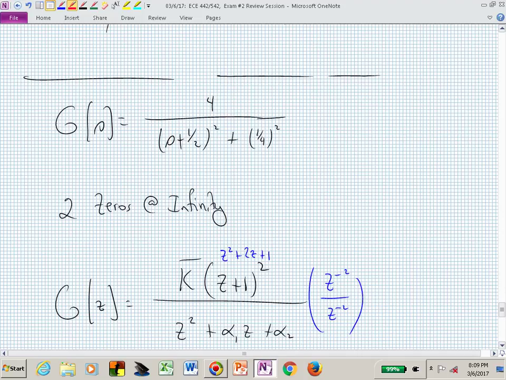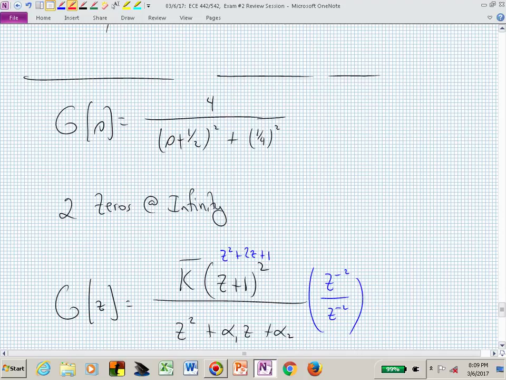But in G of s, is that low pass, high pass, or neither? What frequencies would you match in this transfer function for G of s? What kind of a shape does that have? At low frequencies, is it bounded?